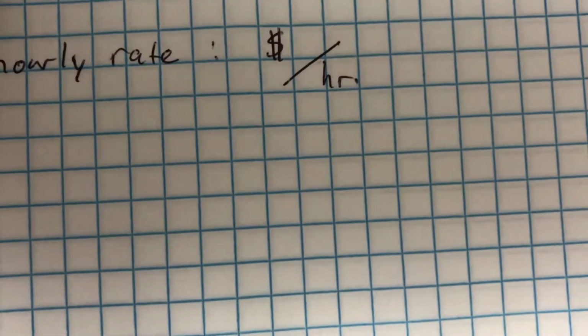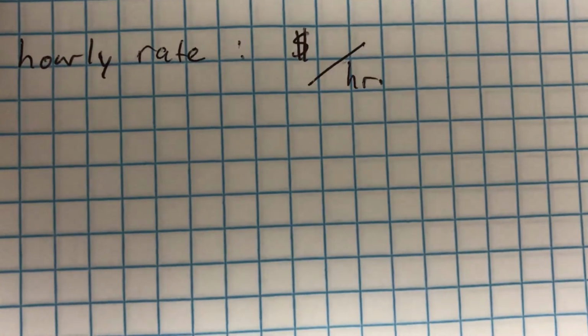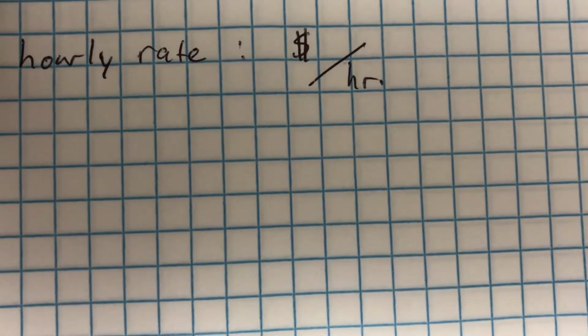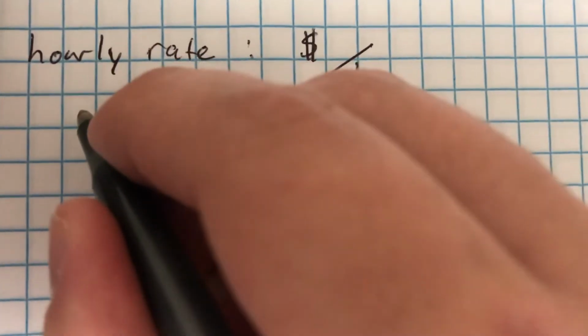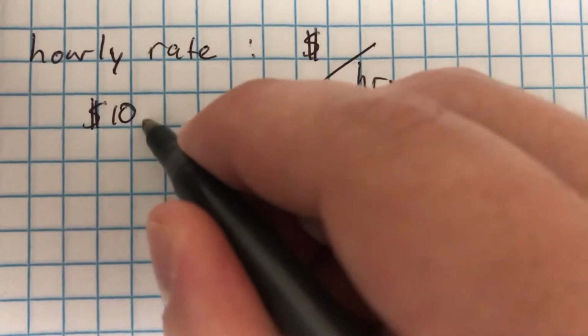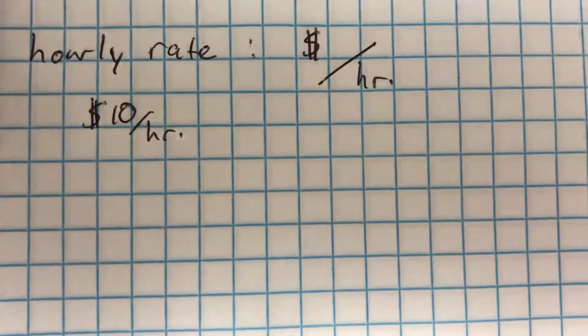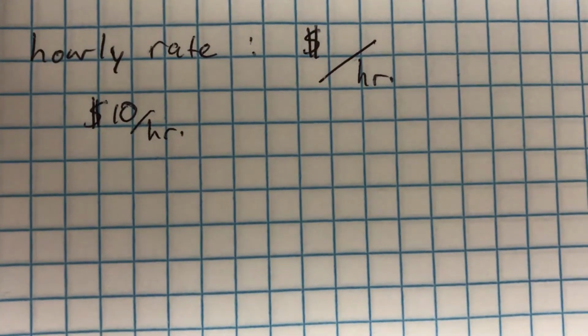Hourly rate, okay? Let me give you an example. This summer, I worked at a bait and tackle shop, and my hourly rate was $10 per hour. It was a $10 per hour job, okay?